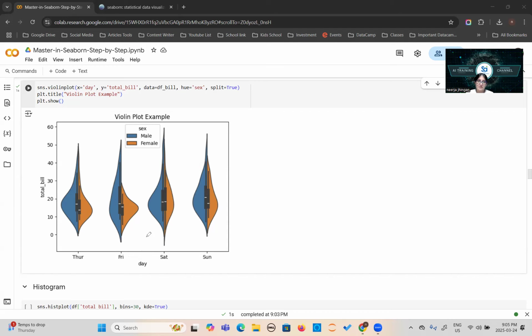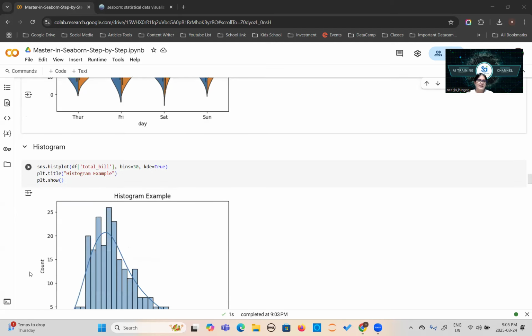And at the point which has a wider area, this means mostly the bill paid is between here, I think 10 to 20 only. This is the way you can interpret this violin plot. It is a mix of your data distribution plus your box plot, both.